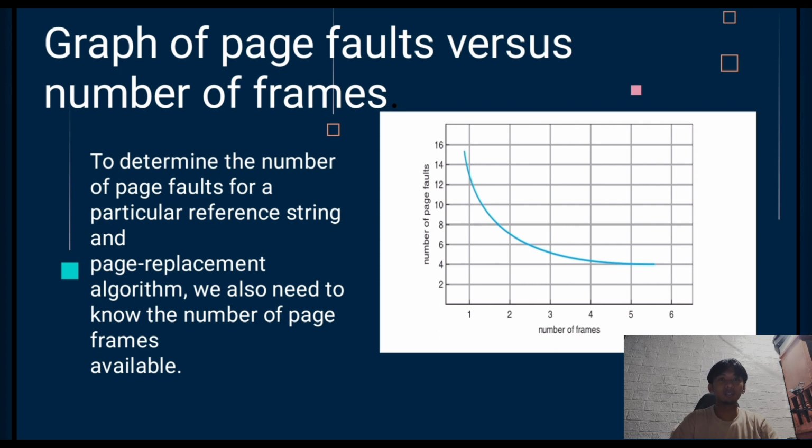For the reference string considered previously, for example, if we had three or more frames, we would have only three faults, one fault for the first reference to each page. This contrasts with only one frame available. We would have a replacement with every reference, resulting in 11 faults. In general, we expect a curve such as in the figure that we see.